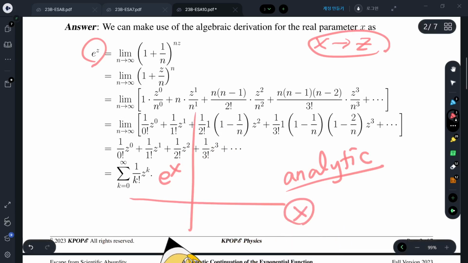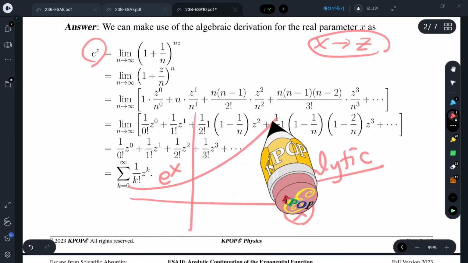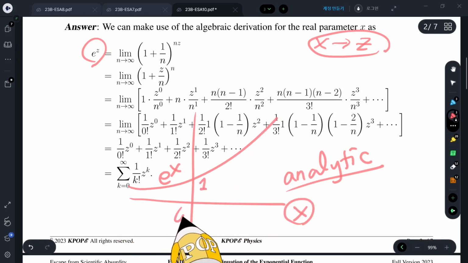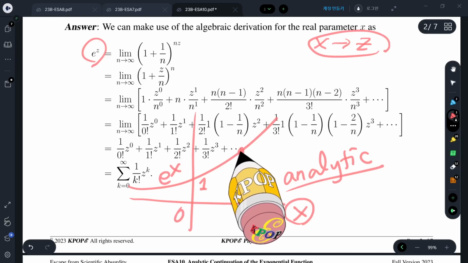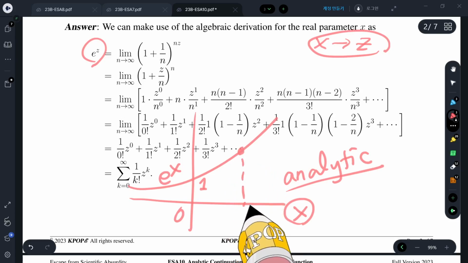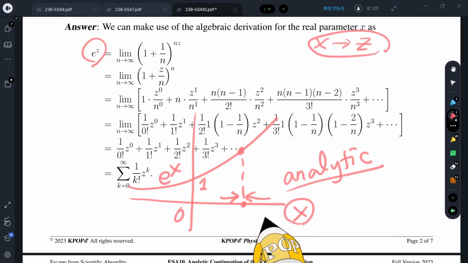So when we take the derivative of the exponential function, we choose a point and we approach a fixed point. And there are only two directions.